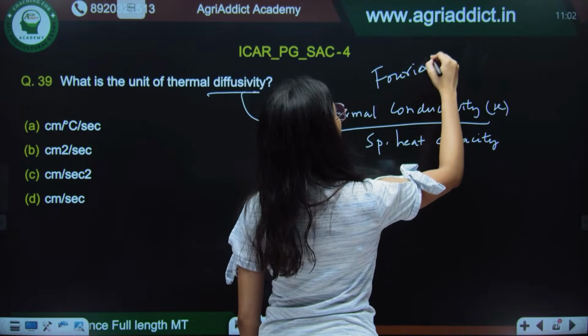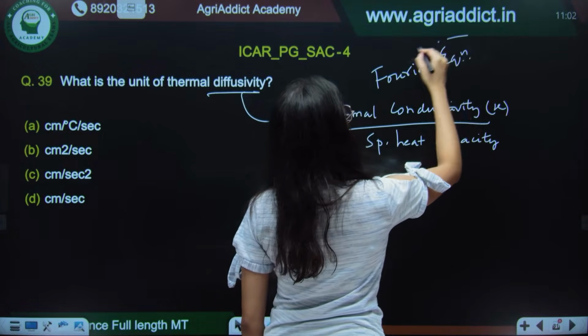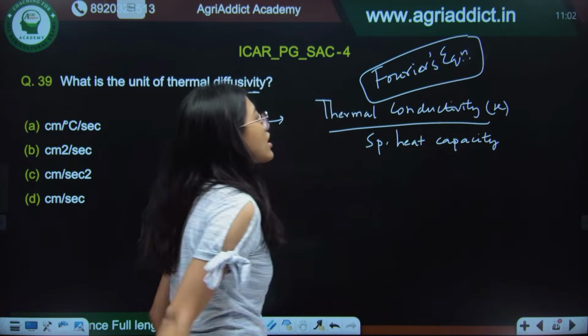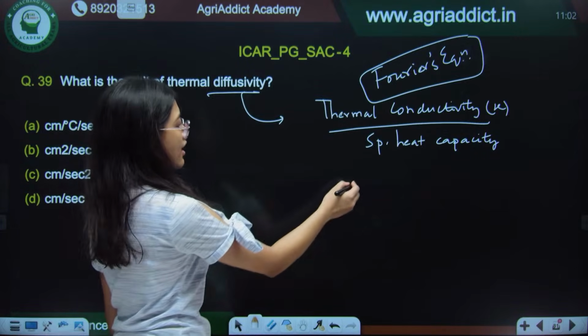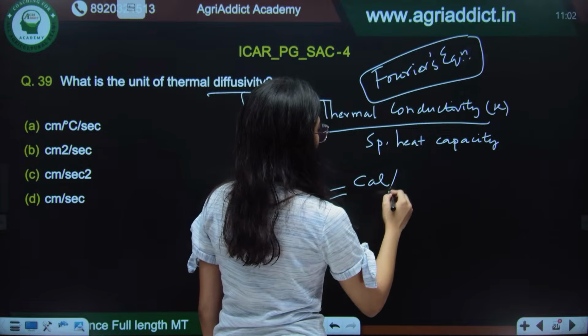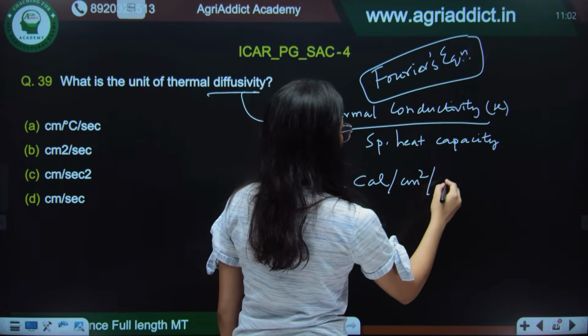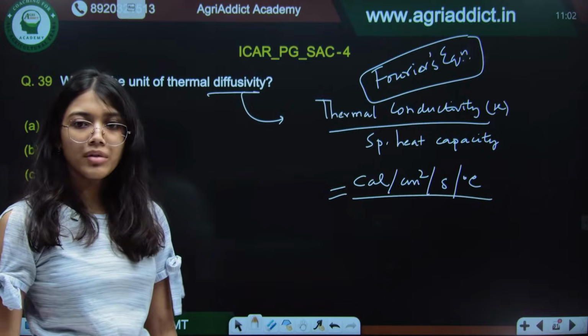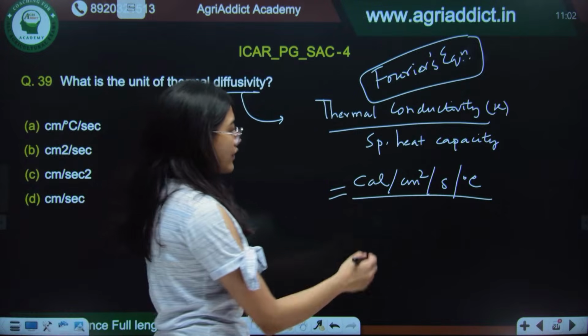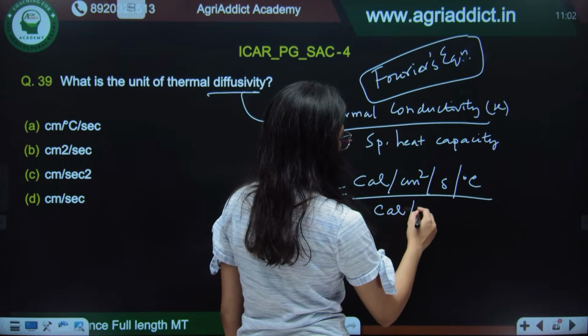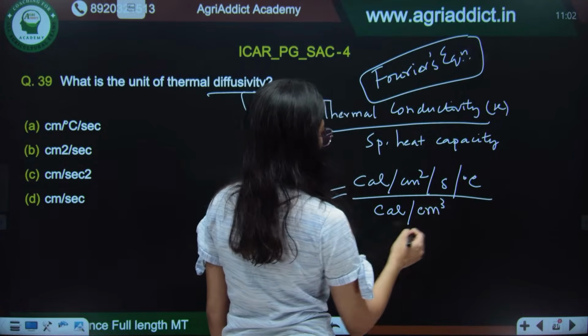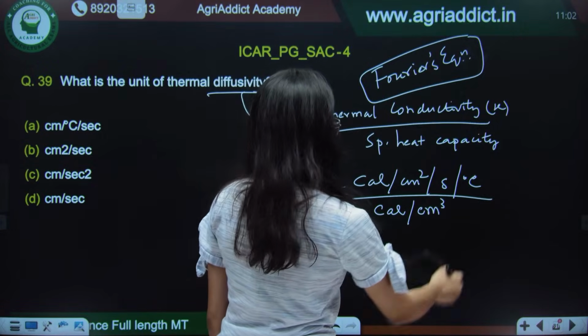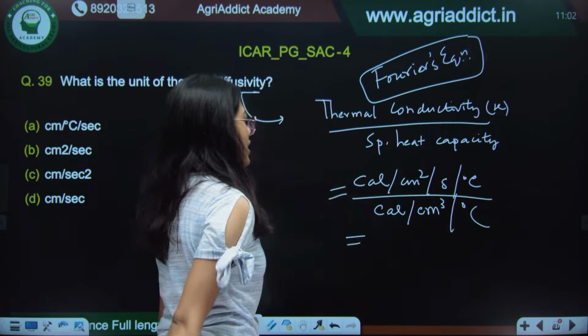We will assume Fourier's equation of heat flow, and we will derive or assume the thermal conductivity to be K. So, it is nothing but we can say calorie per centimeter square per second per degree centigrade. This is the overall unit of thermal conductivity, and for the specific heat capacity we have calorie per centimeter cube per degree centigrade.